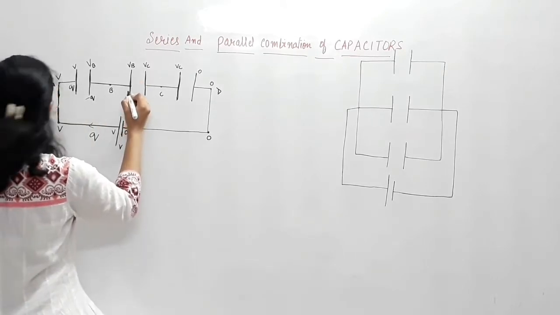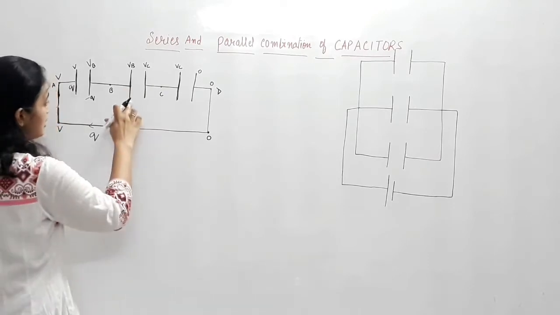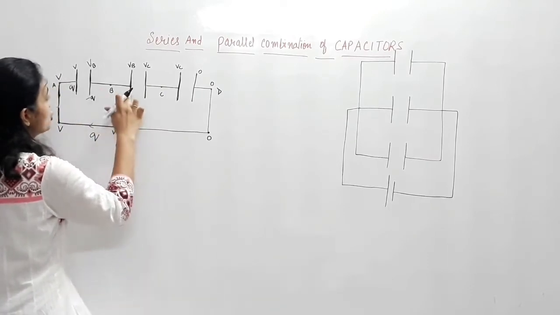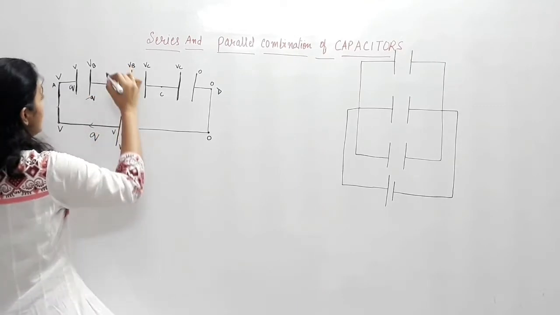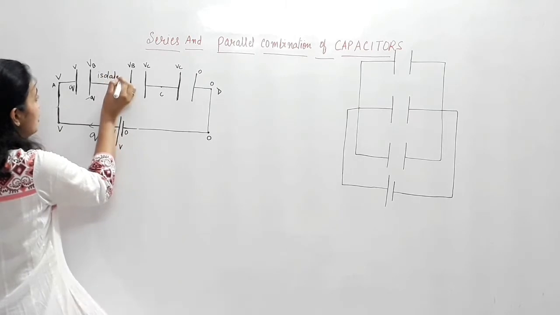Then this particular plate, how to find the charge on this plate? You know that these two plates are isolated ones. These two plates, they both are isolated plates.